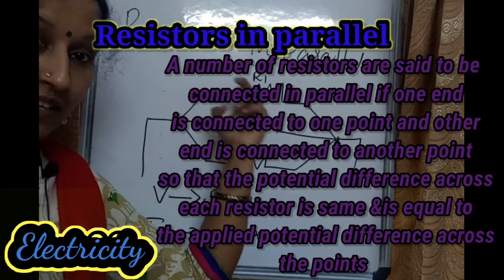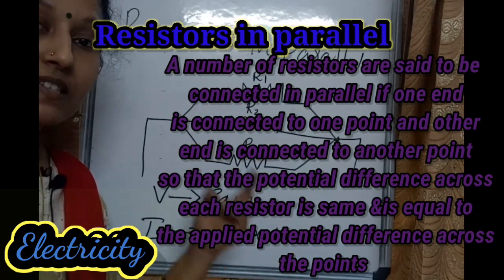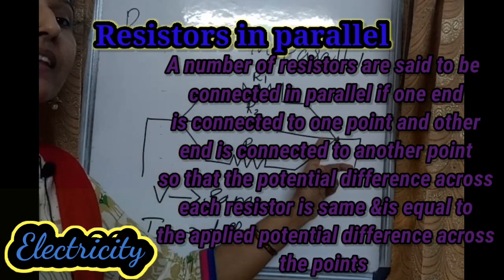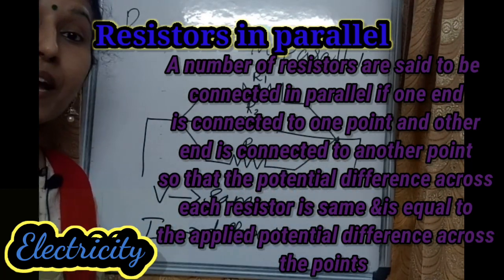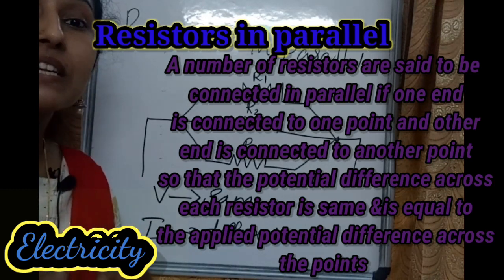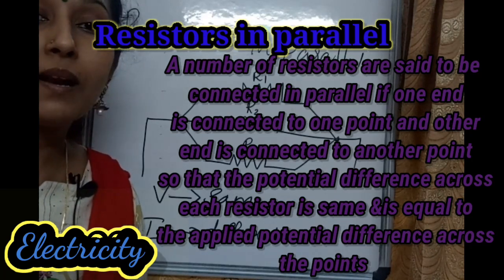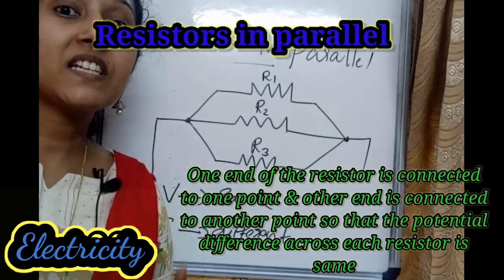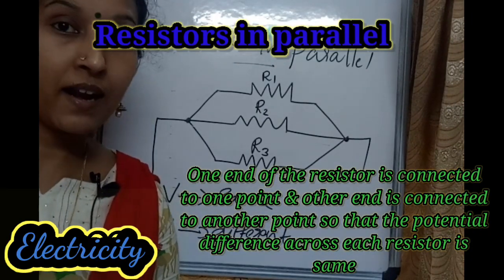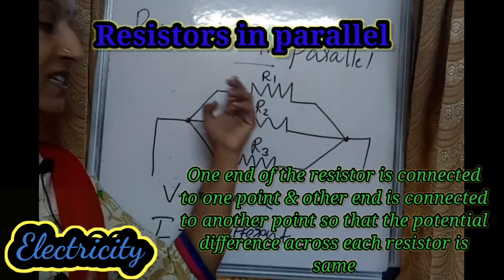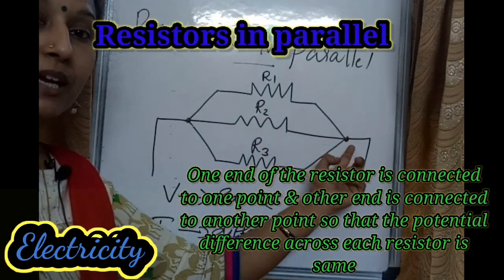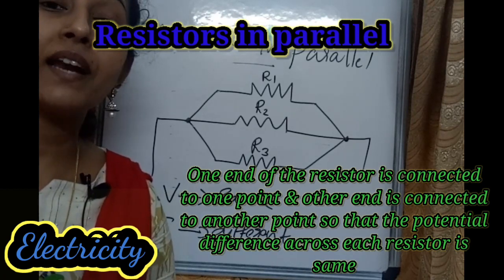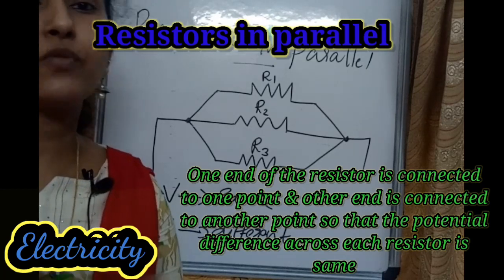If resistors are said to be connected in parallel, it means one end of each resistor is connected to one point and the other end is connected to another point, so that the potential difference across each resistor is same and equal to the applied potential difference between the points.